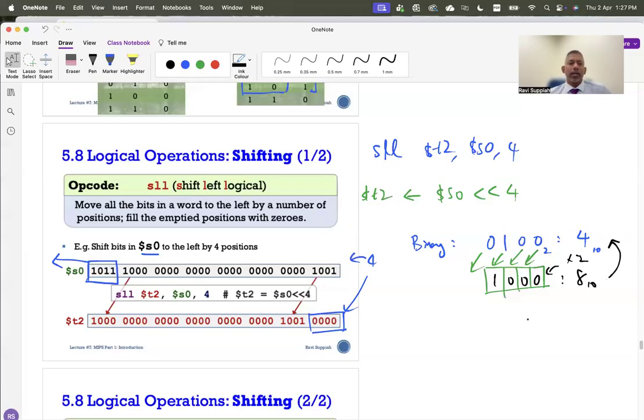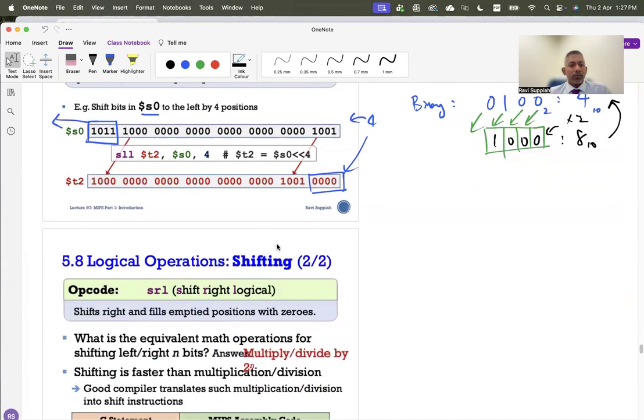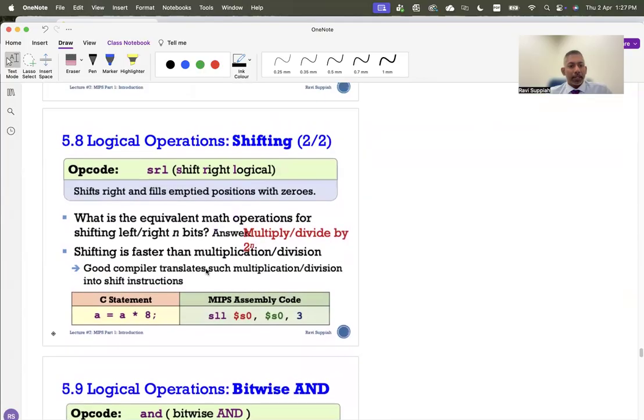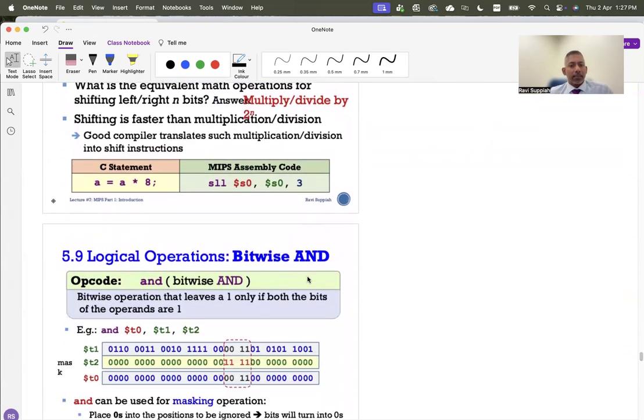So in order to speed things up, in many cases, the compiler will try to replace multiplication operations with appropriate shift and add operations. So shifting left or shifting right can be equated to multiplication or division by 2 to the power of n.